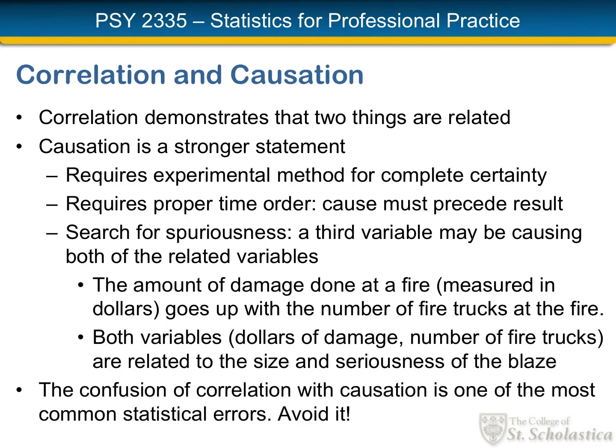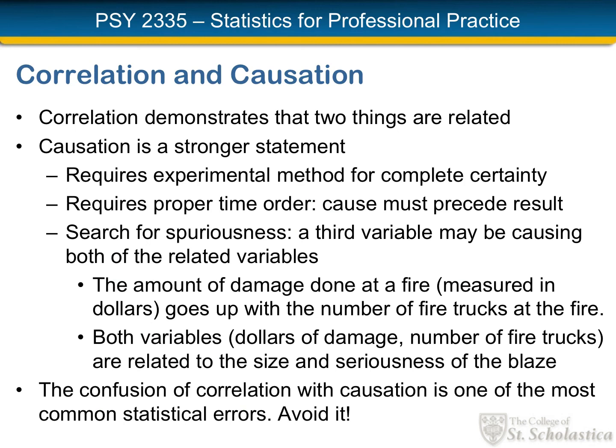One of the most famous statements that anyone who has ever taken a statistics course has heard is that correlation is not causation. Correlation tells us that two things are related. Causation is a much stronger statement. To say that one thing causes another requires that we have an experimental method, something that is controlling all of the important other reasons that might cause the relationship.